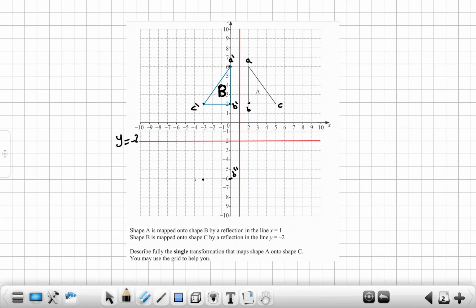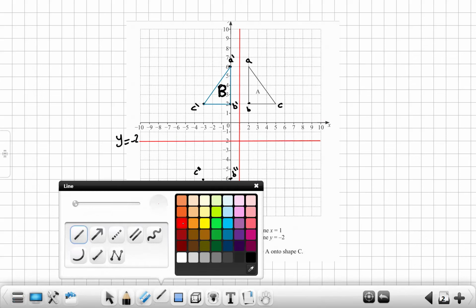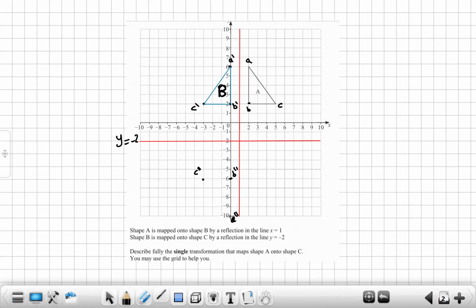This is going to be C. And A is going to become over here. This is the image of A. All right, now let's draw it. This is the final one.